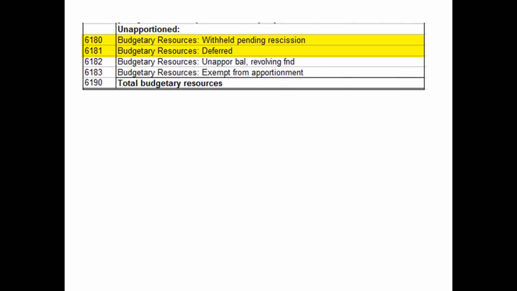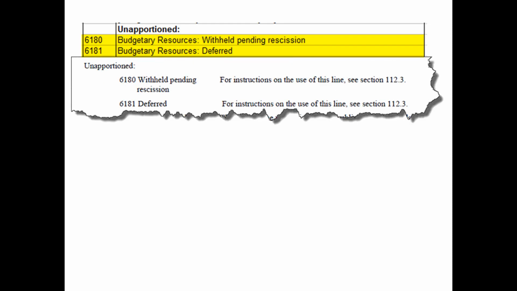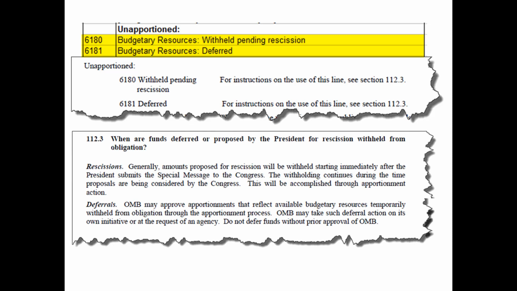The first two lines are related. Line 6180, withheld pending rescission, and line 6181 is deferred. Appendix F instructions refer us to section 112.3 in the Deferrals and Presidential Proposals to Rescind or Cancel Funds section of A11.